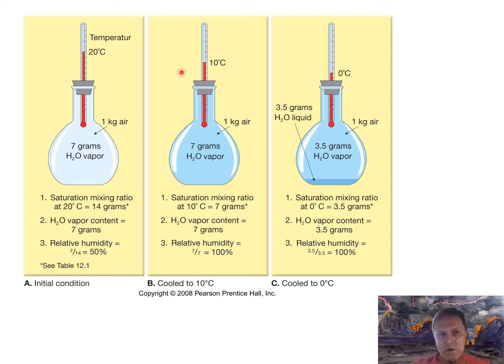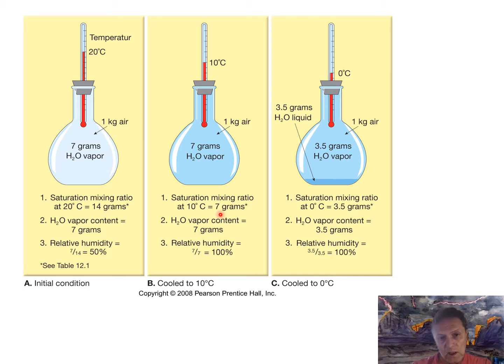Let's cool the temperature down to 10 degrees centigrade. The saturation mixing ratio changes. Colder air cannot contain as much moisture, so it contains less moisture at saturation. That means it takes less moisture for a cold air mass to become saturated.